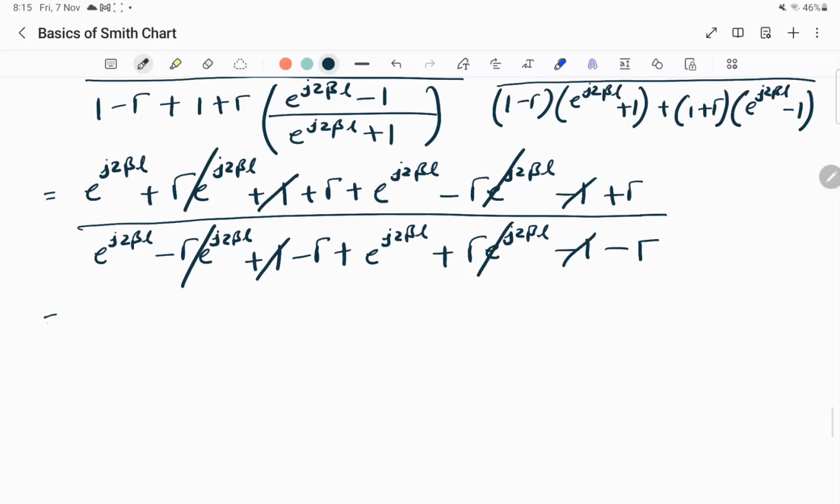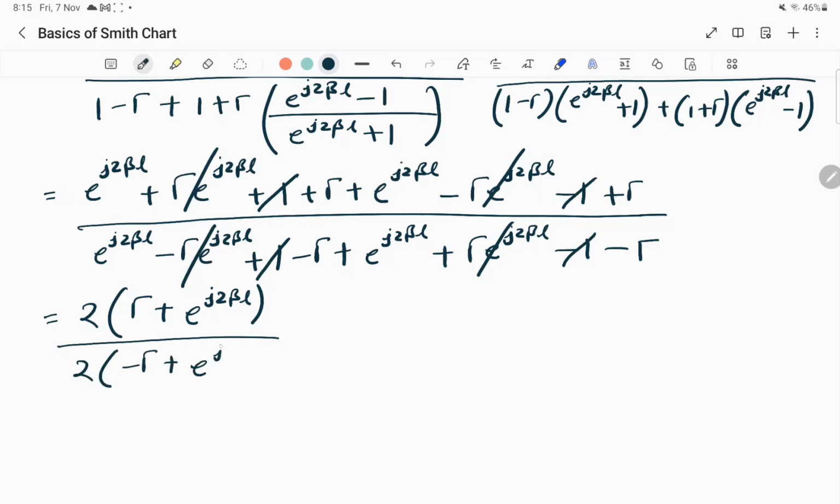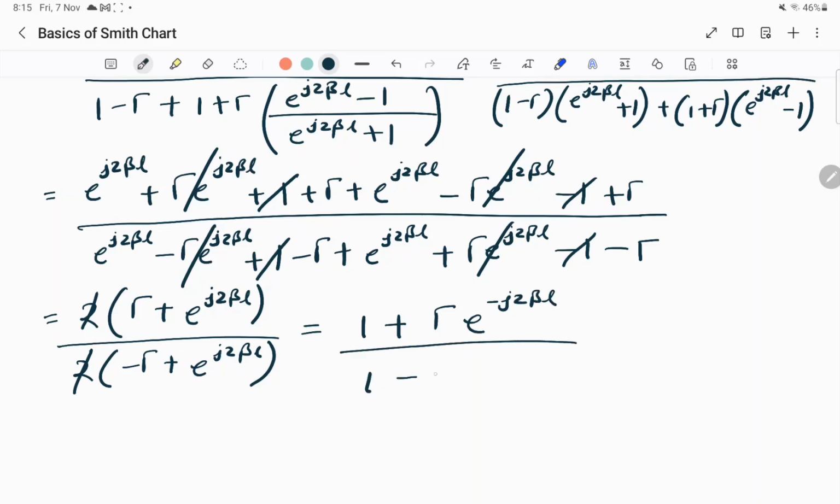So you are left with 2 times gamma plus e to the power j 2 beta L divided by 2 times minus gamma plus e to the power j 2 beta L, which can be written as, these two cancel out, so 1 plus gamma e to the power minus j 2 beta L divided by 1 minus gamma e to the power minus j 2 beta L. This is your input impedance ZIN.